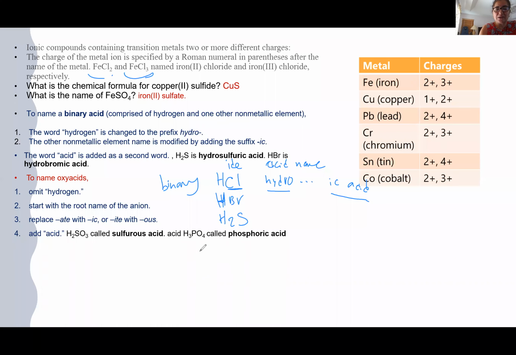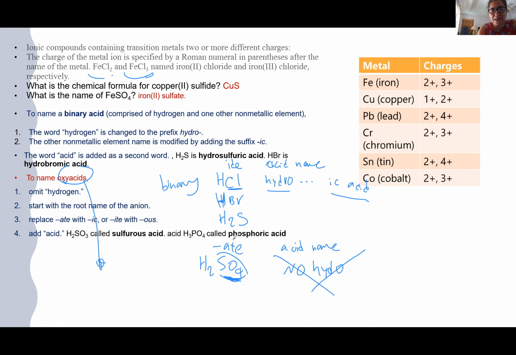If you have an acid with oxygen, let's say H2SO4, then you have to look at the name for the ion. If this ion has an ATE ending, then for the acid name, no hydro. You don't use hydro because it's an oxyacid. For an oxyacid, you look at the ending for the name of the anion or the oxyion that you have there.